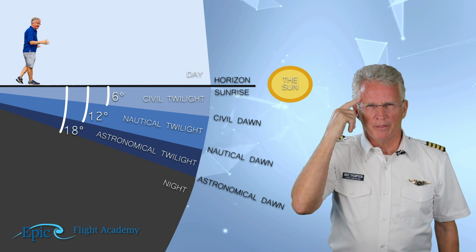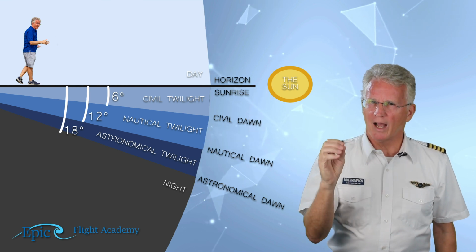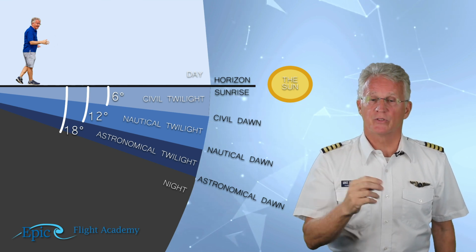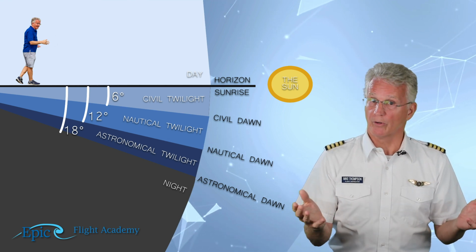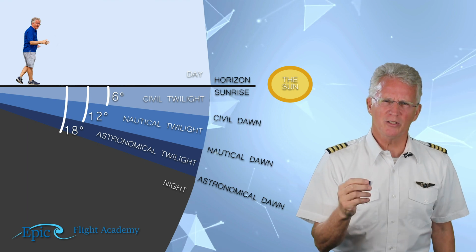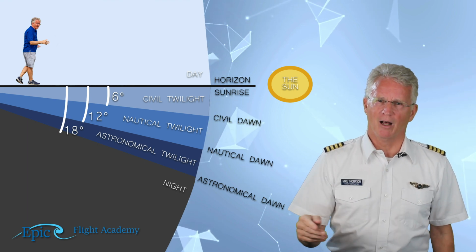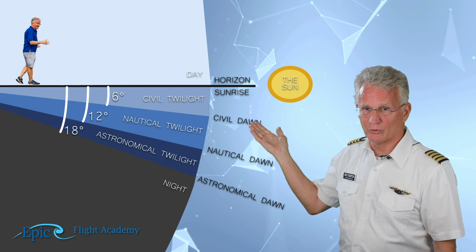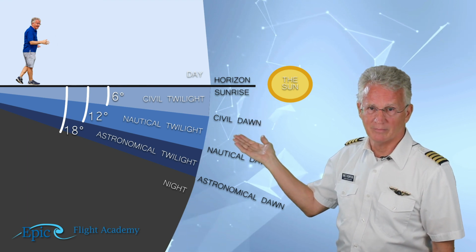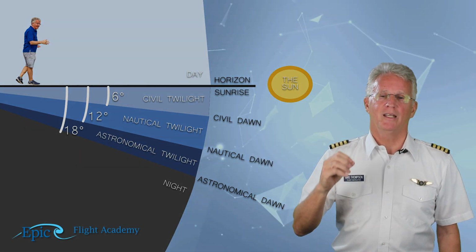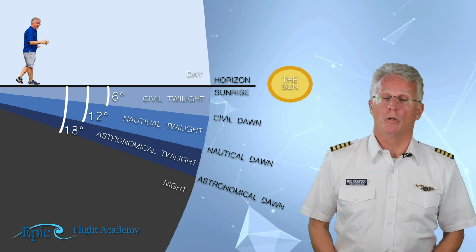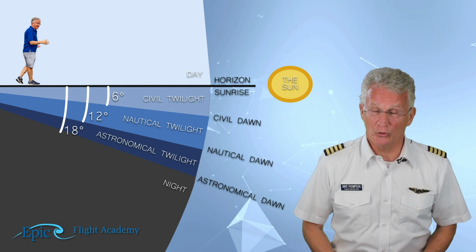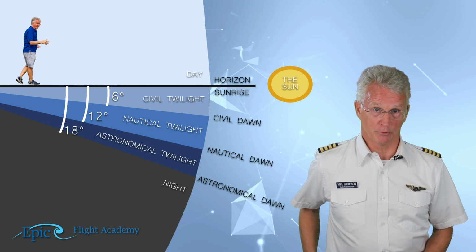Well, think about it. 1 hour after sunset, the sun will be 15 degrees below the horizon, or just about the completion of astronomical twilight. In other words, it is really dark outside. So this ensures that my night currency will be accomplished in actual dark conditions.